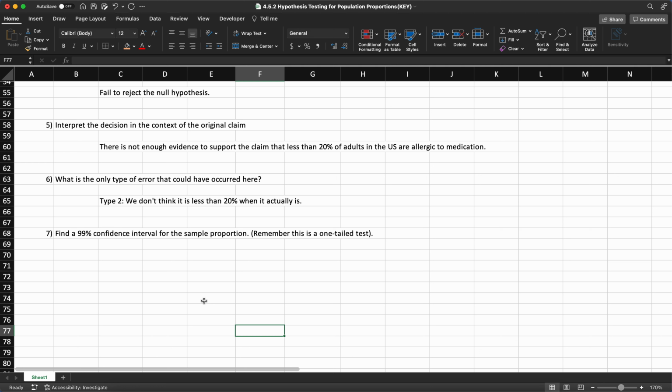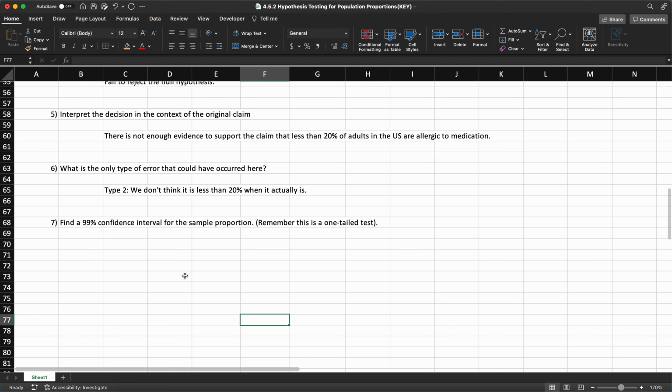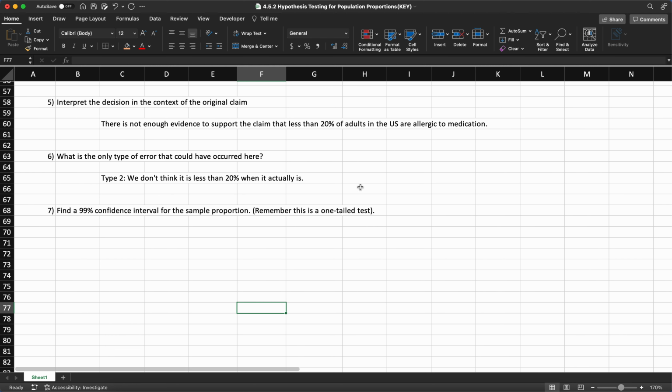Hey everyone. In this video, I want to go over how to find a confidence interval for a sample proportion. In this case, we have a one-tailed test, so if it's a 99% confidence interval, we want to make sure the extra 1% is all to one side because it's one-tailed.